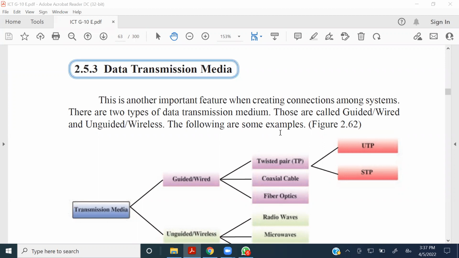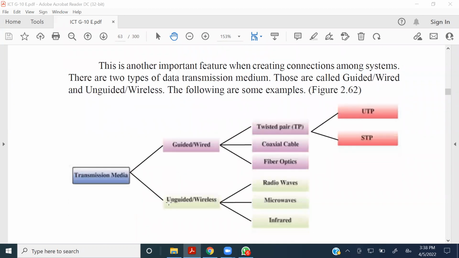That is a kind of communication which involves no wires, so we call it wireless communication. That wireless communication can also be addressed as unguided communication.